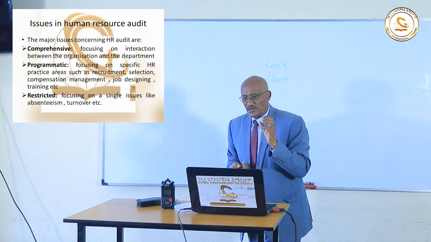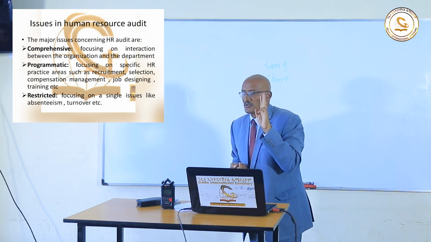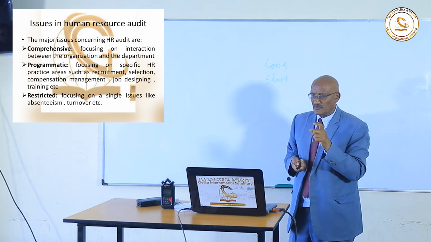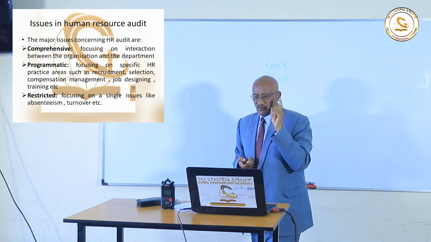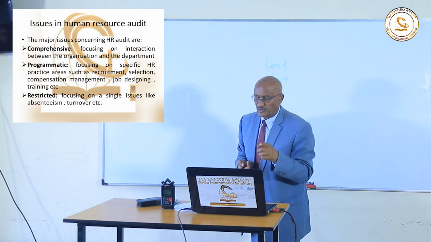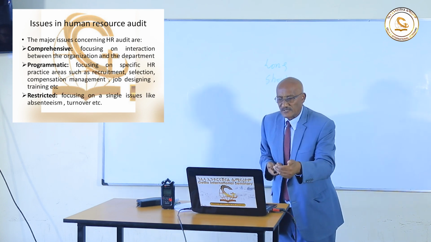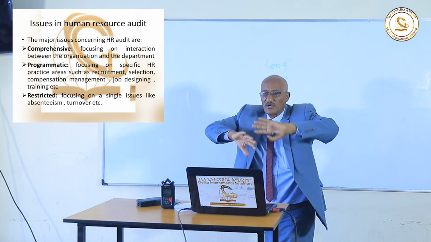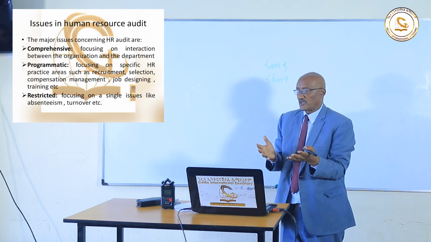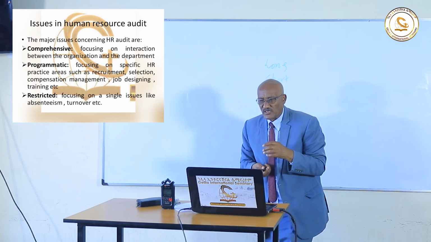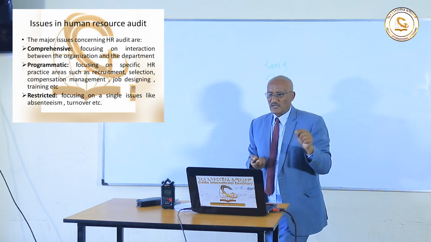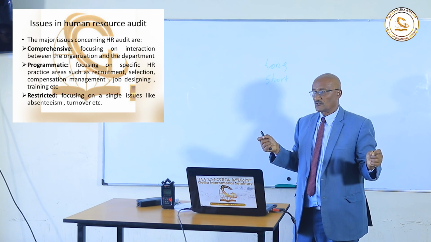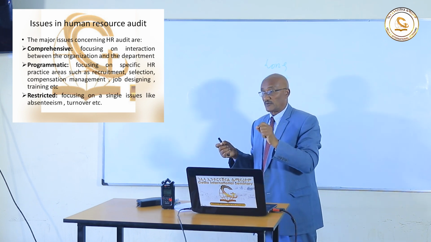What are some of the issues in human resource audit? Three things are important in human resource audit. One is comprehensive. The second one is programmatic. The third one is restricted. When you audit, comprehensive means the overall performance of the person, focusing on interaction between the organization and the department, when you audit the human being.